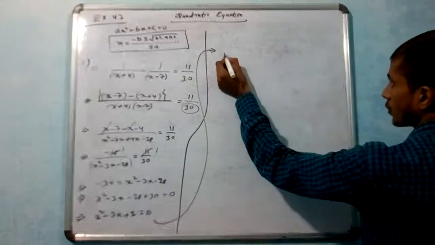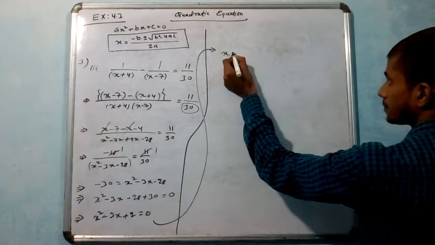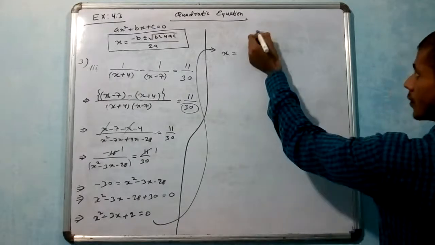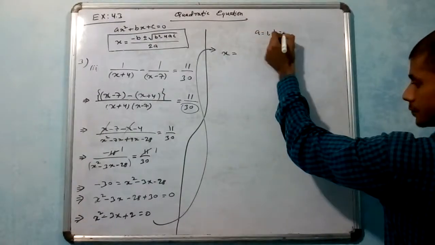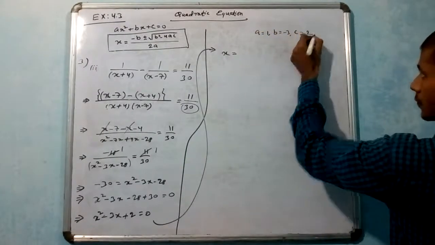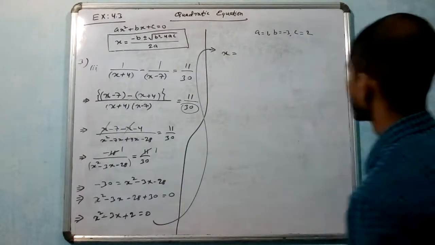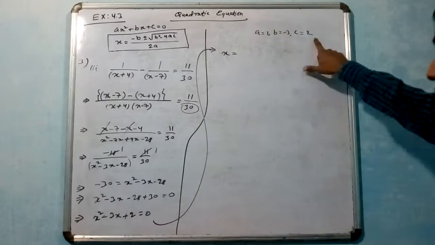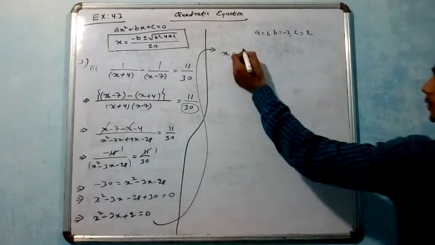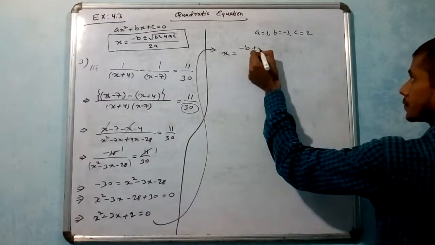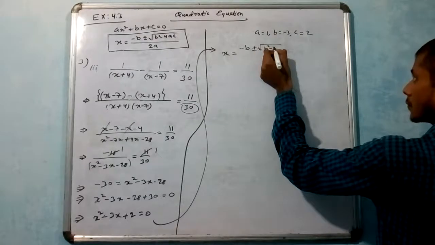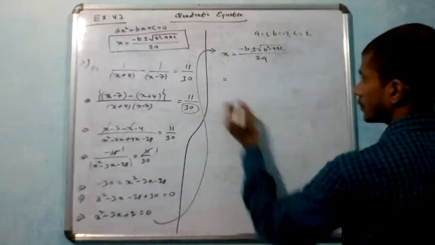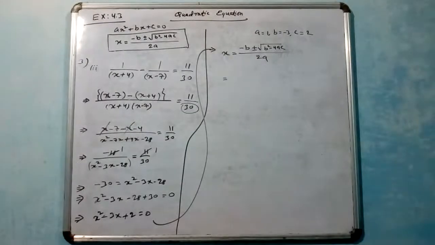Now tell me the value. x is equal to what? Say the formula, no. A is equal to 1, B is minus 3 and C is 2. Correct, no? Then now tell me the values.